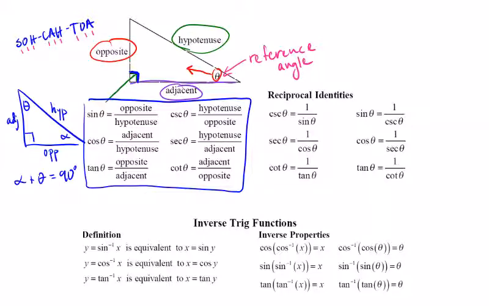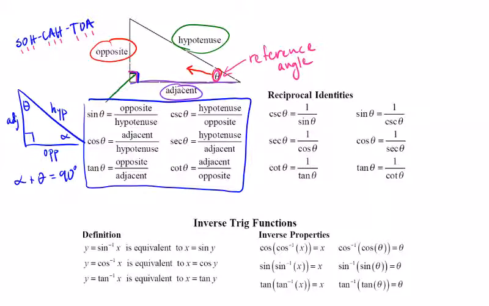But the reason that these are valuable is that if we have a right triangle with some angle theta, then by angle-angle similarity, those triangles have to be similar. Any right triangle with that particular reference angle has to be similar, in other words proportional, to any other triangle, no matter the size, with the same reference angle and a right angle.